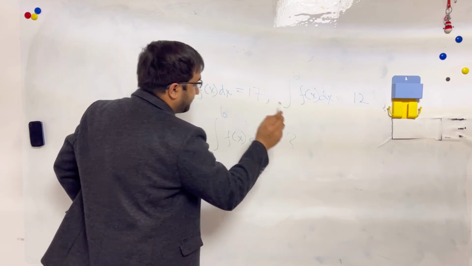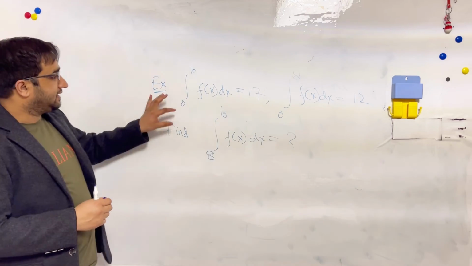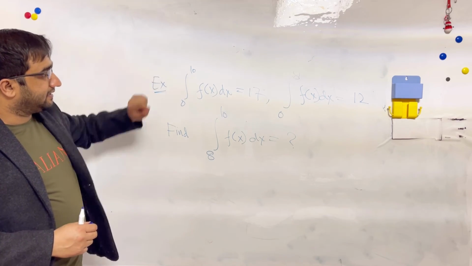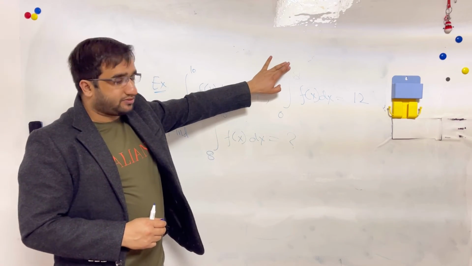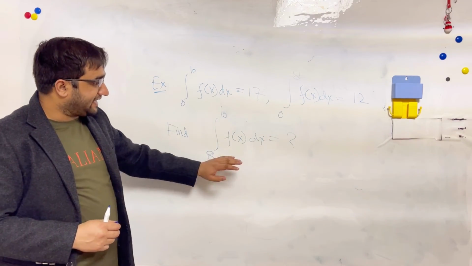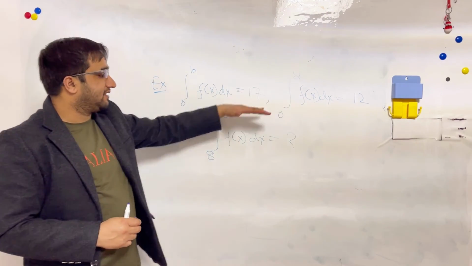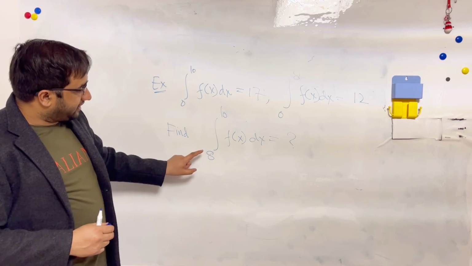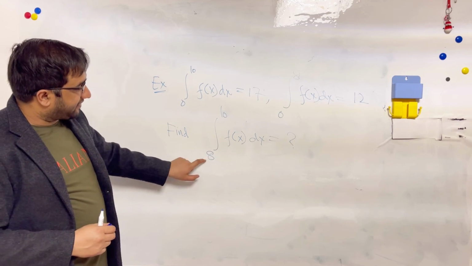So what will be the answer? You have the integral from 0 to 10 and the integral from 0 to 8, but he is asking you to give only the integral from 8 to 10.